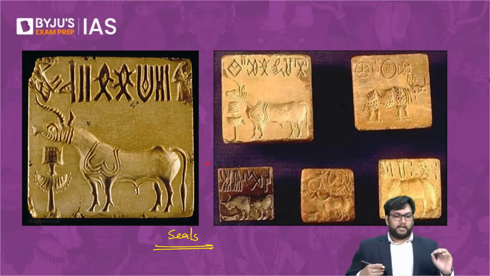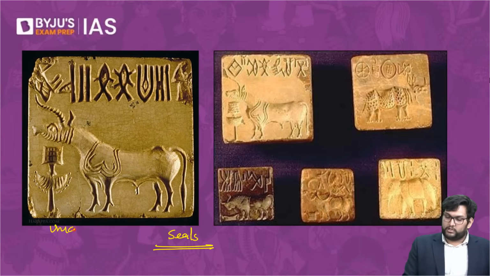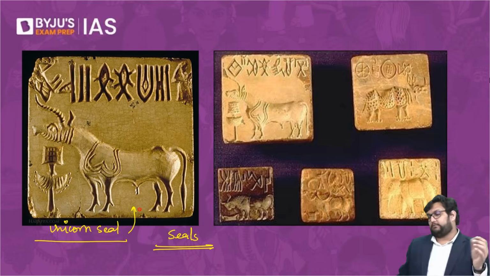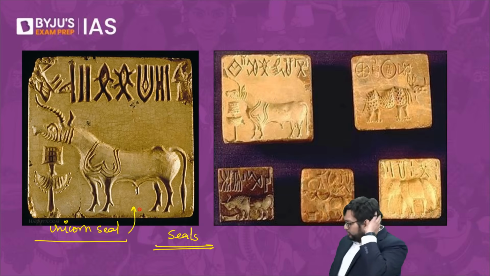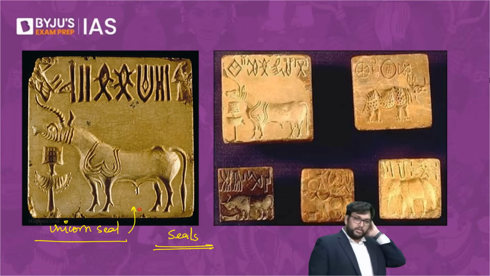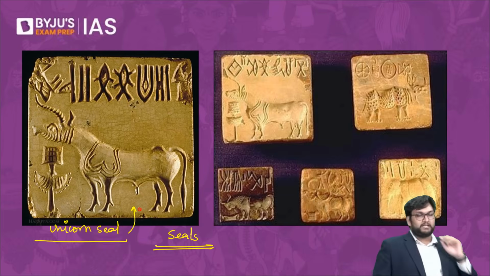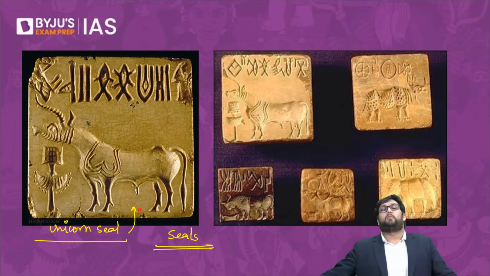Now, this is the so-called unicorn seal. This is a term which has been given by the Europeans to this seal. Unicorn is a mythical horse which has one horn on its head, and therefore they basically represented this seal as a unicorn seal.